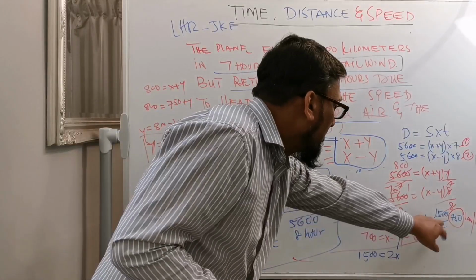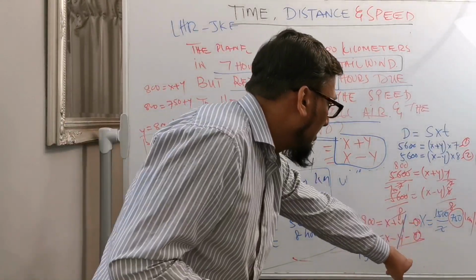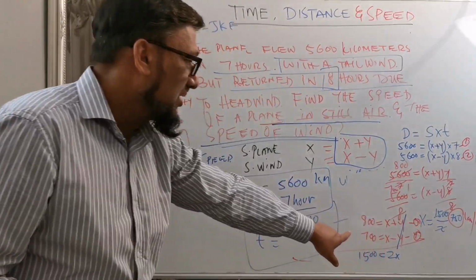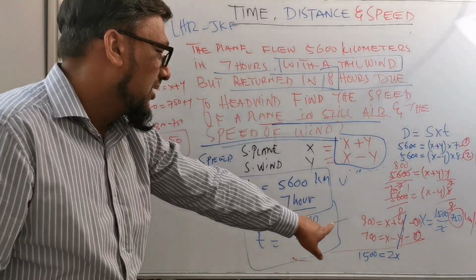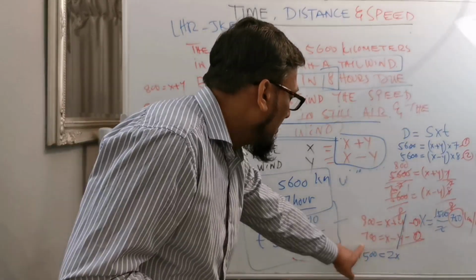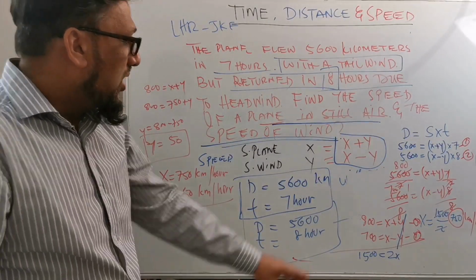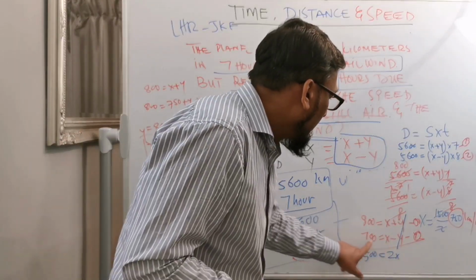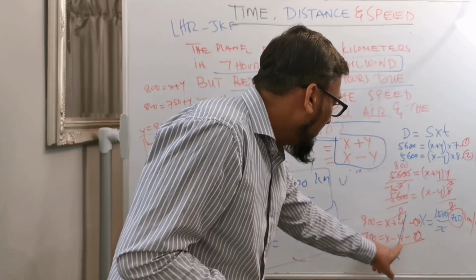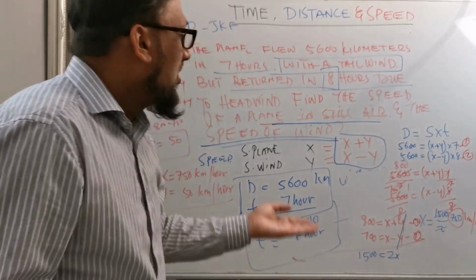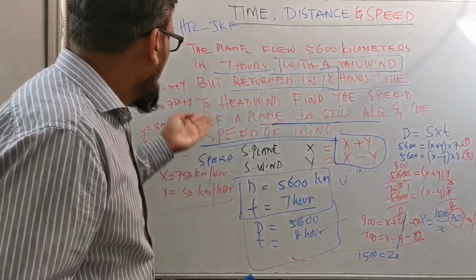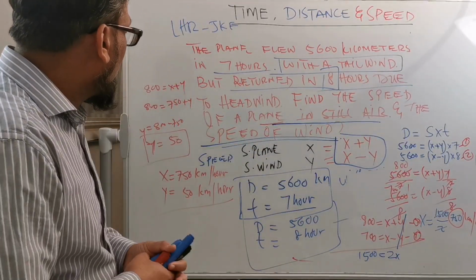For example, if I put the 750 in equation number 4, and this is 700. So if I move this 700 there and y here, 750 take away 700, so the speed of a wind is 50 kilometer per hour.